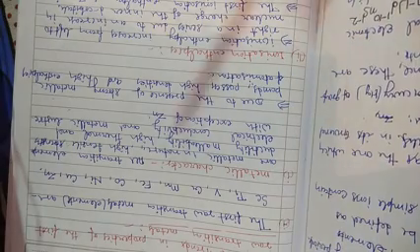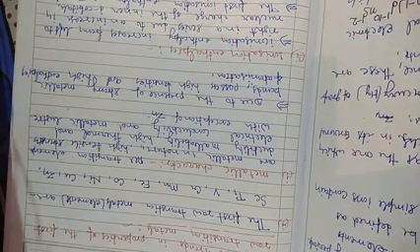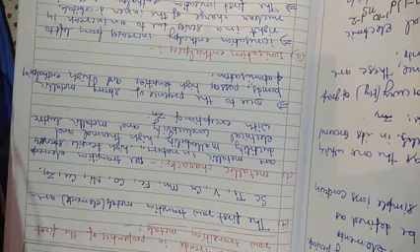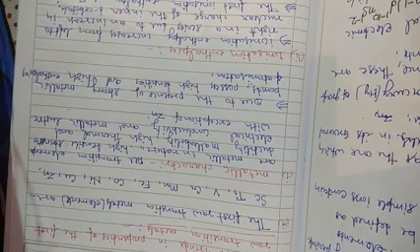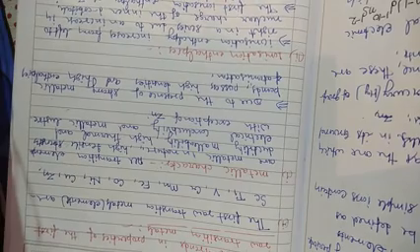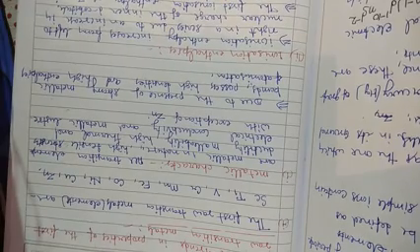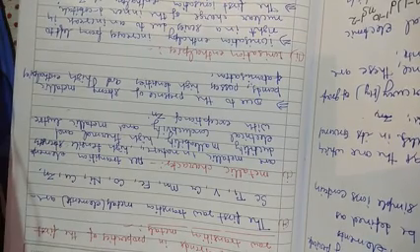Okay, in the first transition series, the first ionization enthalpy of zinc is very high. Why? Because of fully filled d orbitals.